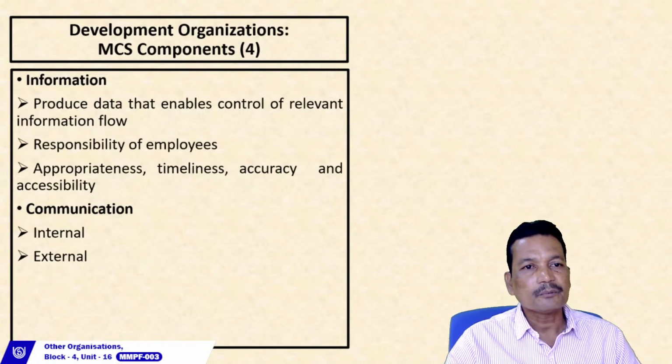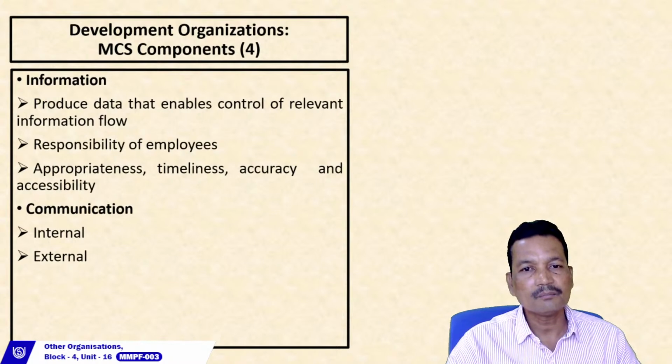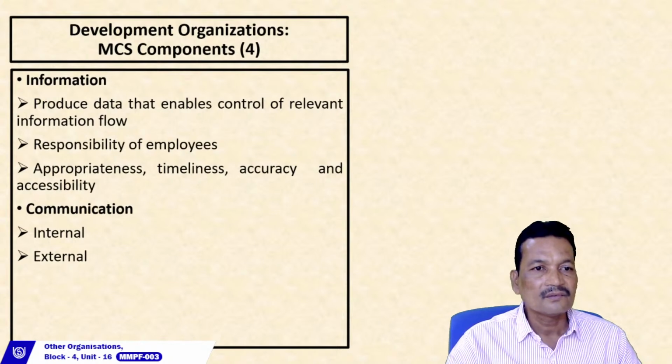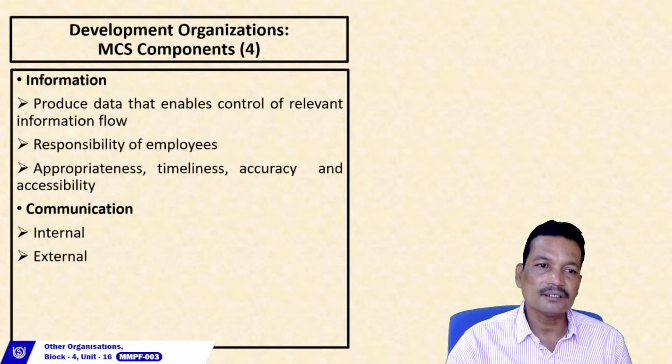Another two important components of management control system in developmental organization are the information and communication. When we are talking about information, it is to produce the data that enables control of relevant information flow.